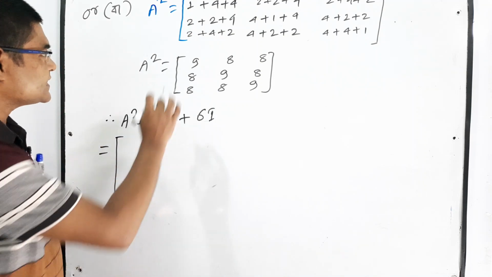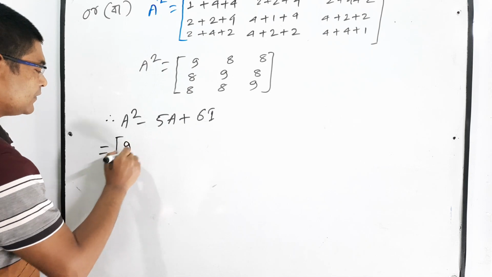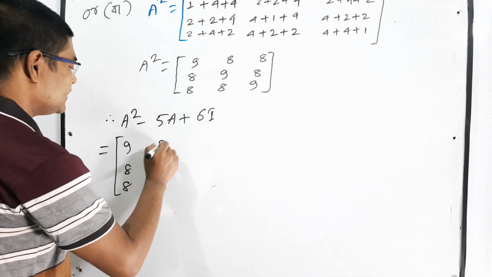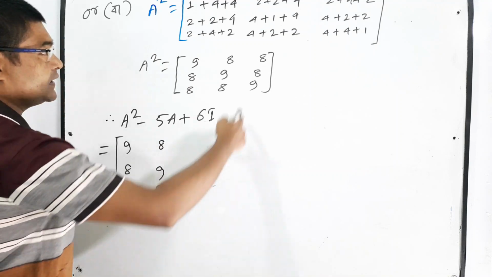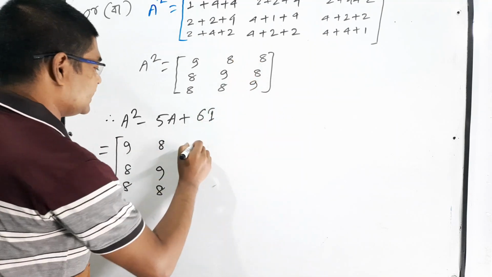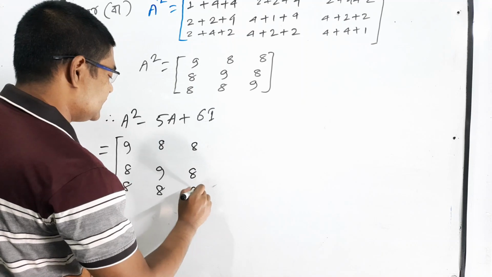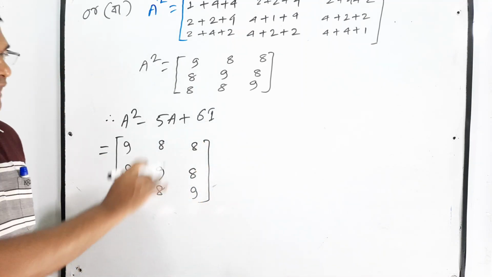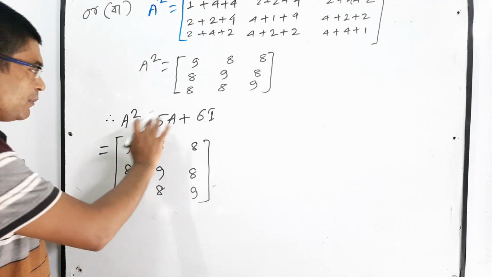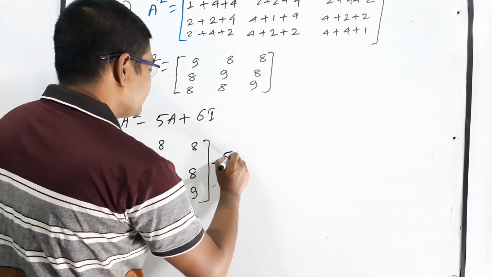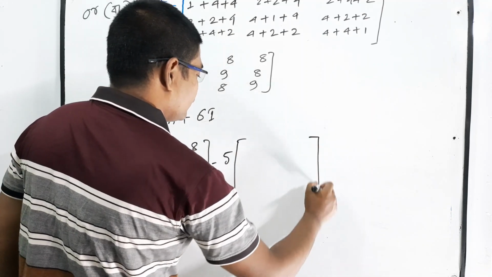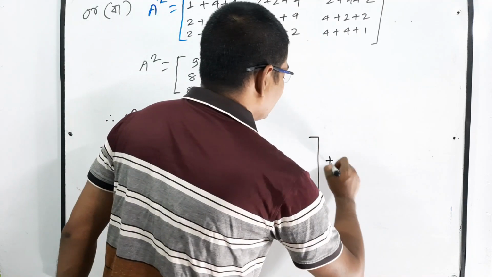The value of A square is 889. So I have written here A square equal to, minus 5A, plus 6I.